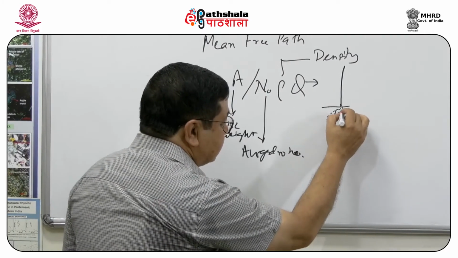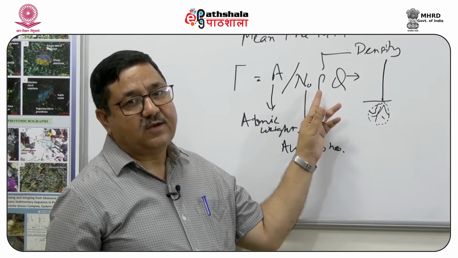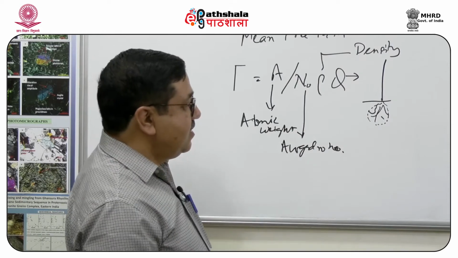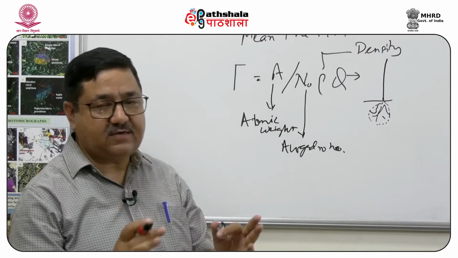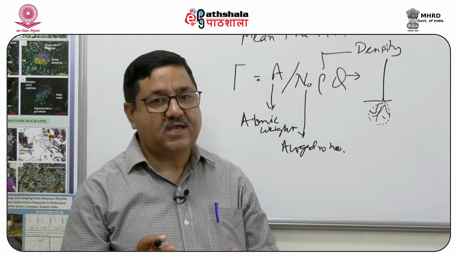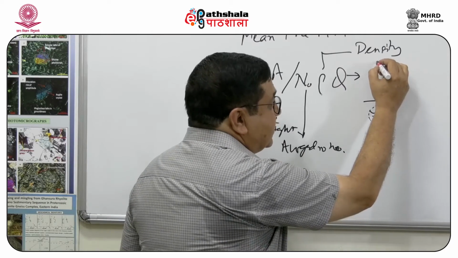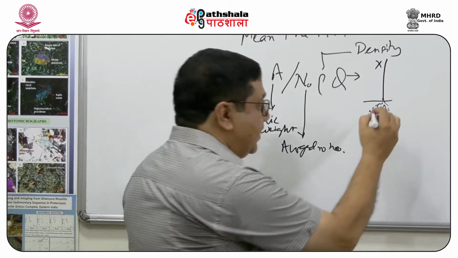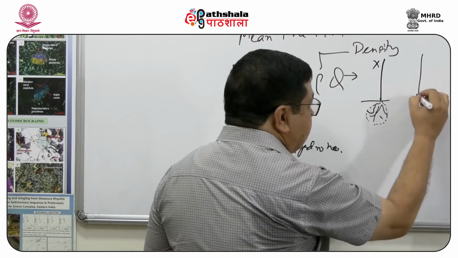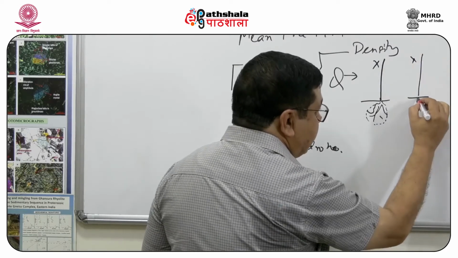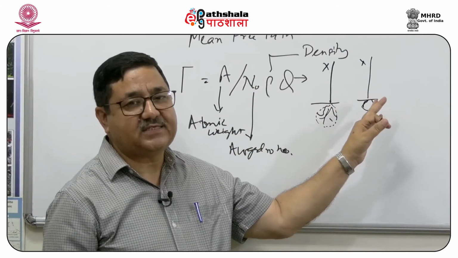like this, and depending upon the density, which is a function of the atomic number, for lower density the interaction volume will be larger, which means that an electron beam of X energy will penetrate more in a less dense material, and the same energy will penetrate less if the rho or the atomic number is higher.